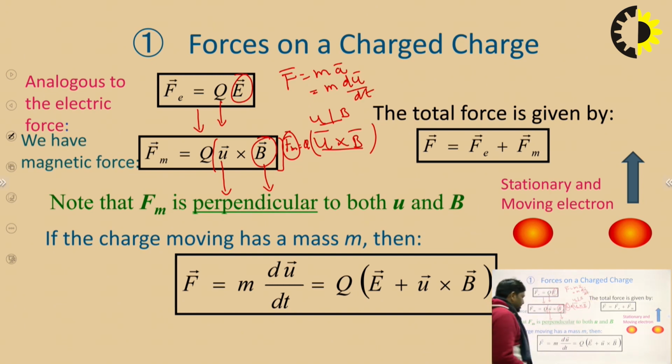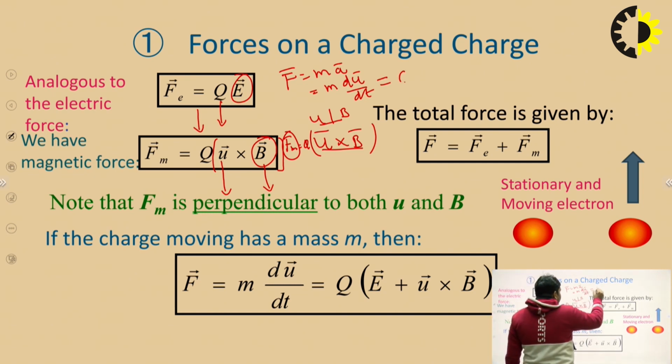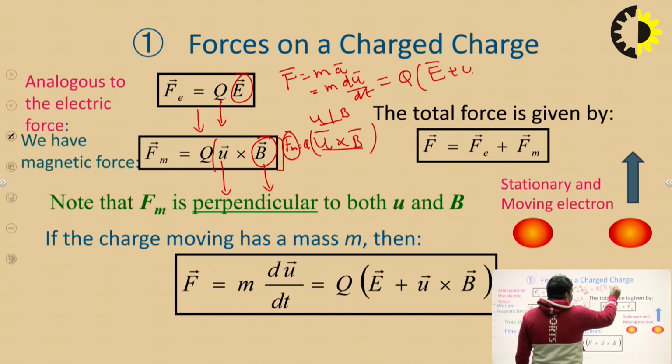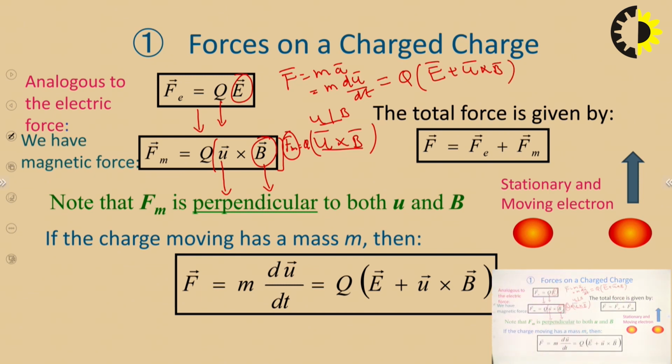So the total force, electric plus magnetic, is equal to Q times E plus u cross B. So we can easily calculate this. Usually the magnetic force is less than the electric force.